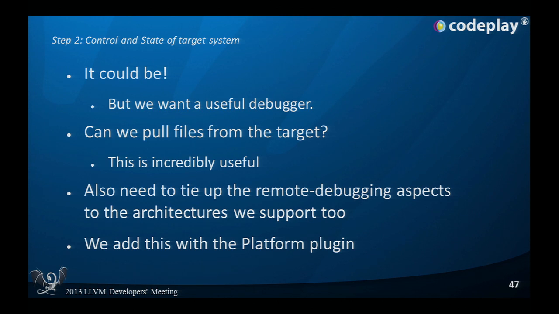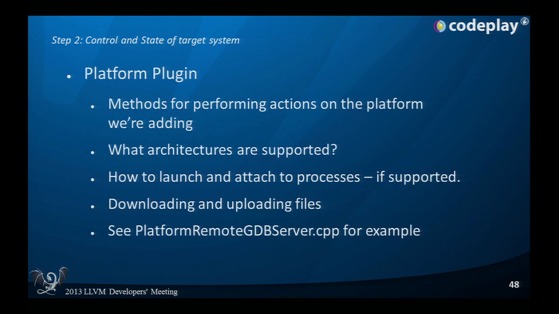And the remote debugging aspects need to be tied up with the process so that the Hexagon architecture knows that it's a remote process and can use the remote system. And this is done via the platform plugin. Now, this has all the methods for actions like launching processes and attaching processes.